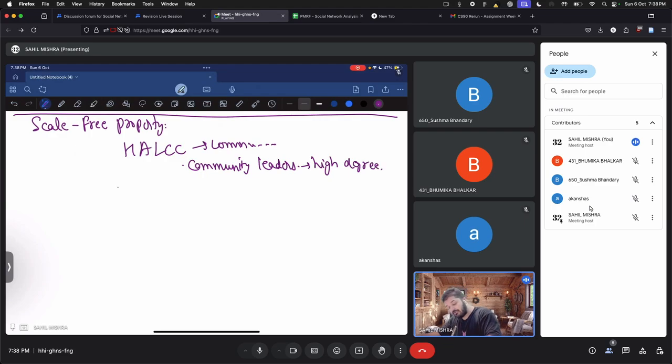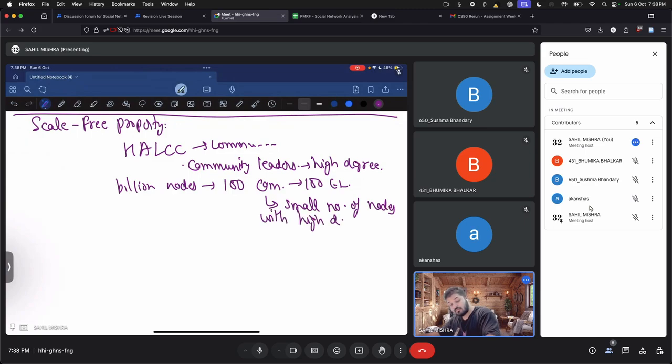So a graph of a billion nodes will have 100 communities, meaning 100 community leaders, which ultimately means there will be a small number of nodes with high degree and a high number of nodes with low degree.